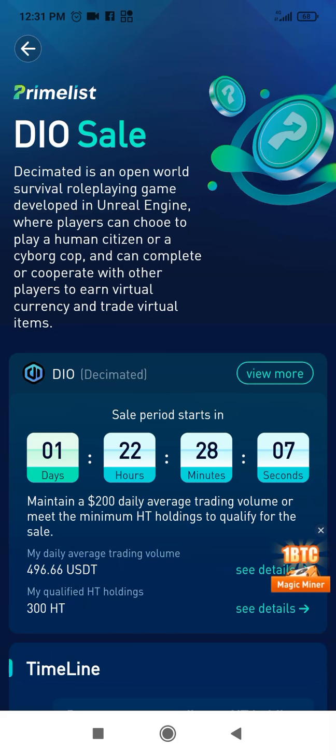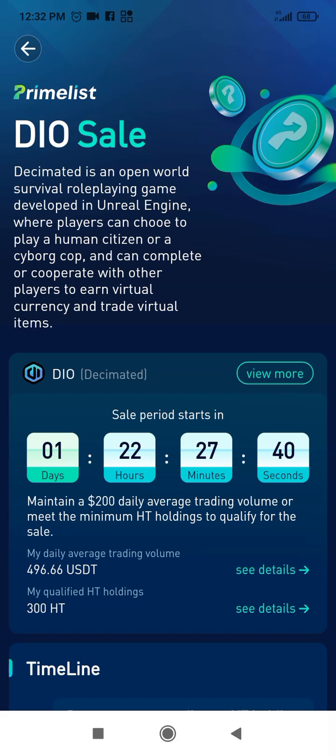For every IEO that you want to participate in on Huobi, you must also read the full instructions. The instruction for IEO on Huobi sometimes is that you just need to hold a minimum of 300 HT tokens. This particular account has 300 HT tokens.